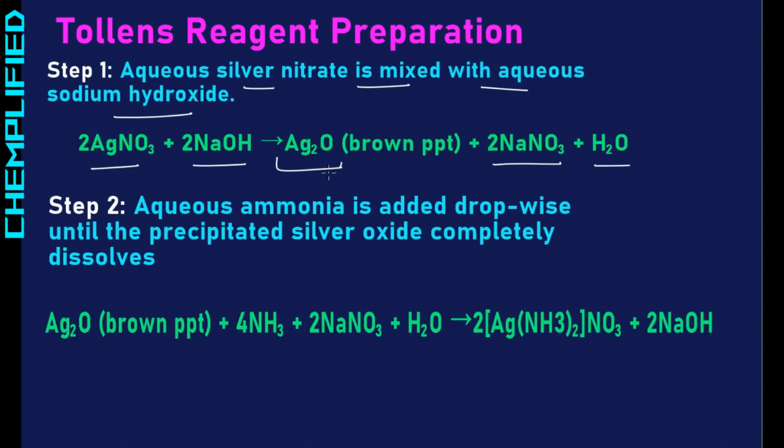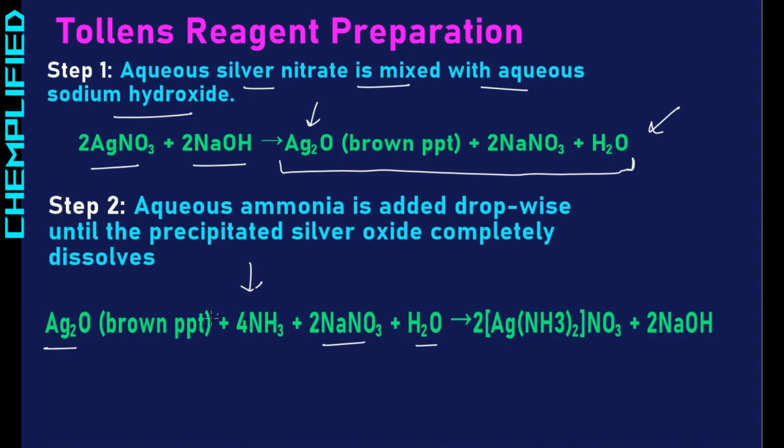Now this is the product side, right? This product side is now used as reactant in the next step. All the reactants are the same except one, and that is NH3. In this product side, when you add ammonia dropwise, until now this is a precipitate. Silver oxide is in the form of precipitate.